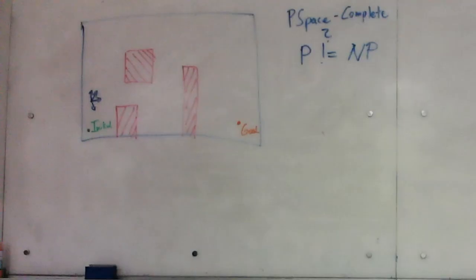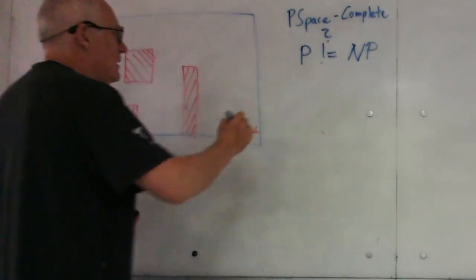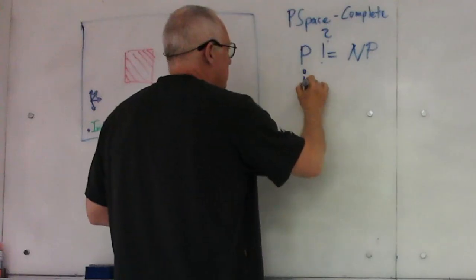Like n to the 1,000 is also a very big number, right? But mathematicians say, well, if our computers get really, really fast in the future, then there's still hope that we can speed up computation enough to solve that in a reasonable manner. So here we have polynomial.